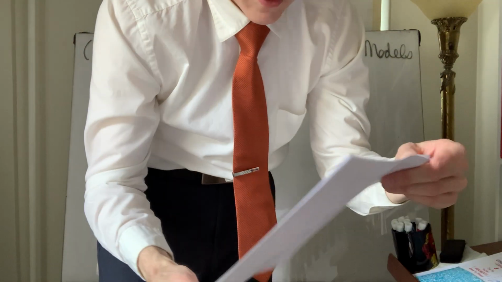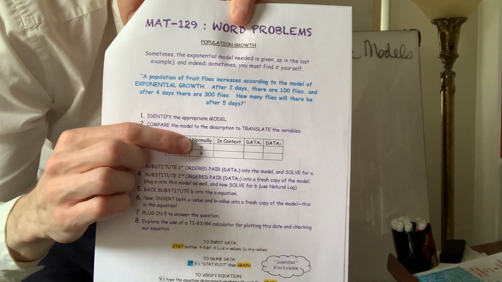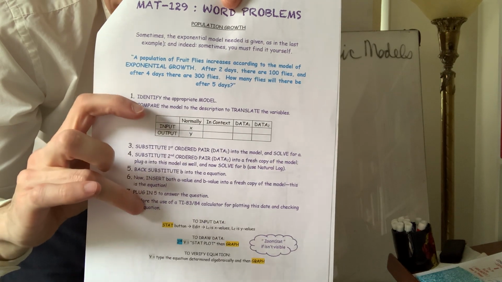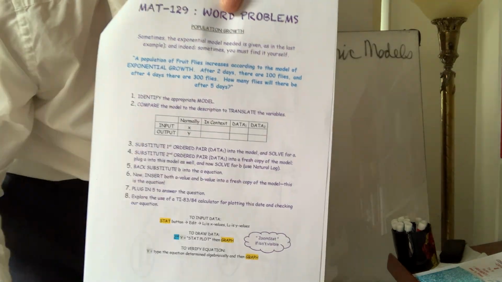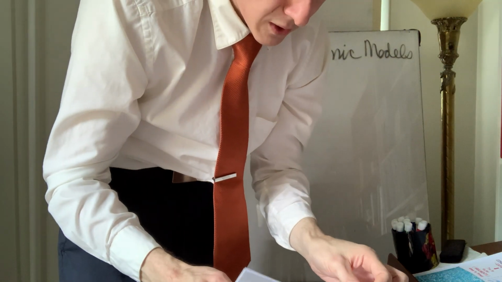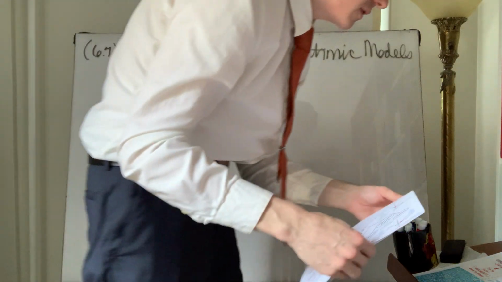Then there's a population growth problem. How you would fit the pieces into the model, and what you could use your calculator for to accomplish the same. Okay, so if you're following along, do print that out, and I'll try to annotate.